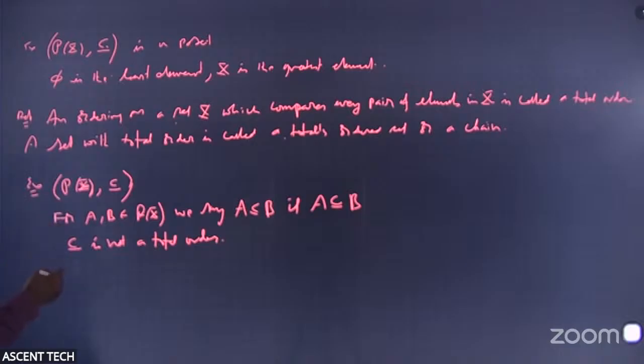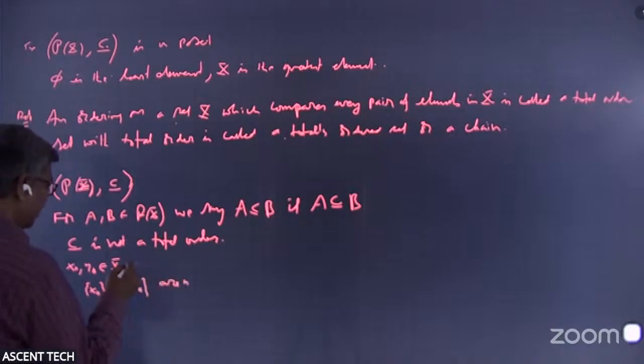For example, if I take x naught and y naught in X, what is singleton x naught, what is singleton y naught? They are not comparable, given that x naught is not equal to y naught.